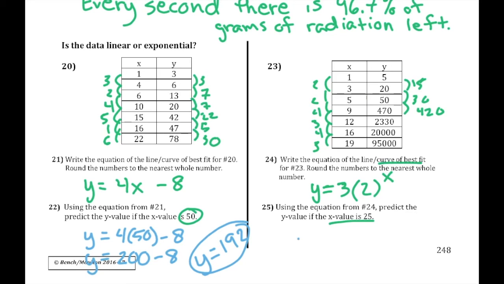So we're going to have y equals 3 times 2 to the 25th power. Now, since this is such a big number with an exponent, we're going to probably want to use our calculators. So typing it in, we go 3 times 2 to the 25th power. And if we do that, we would get that y is equal to 100,663,296.